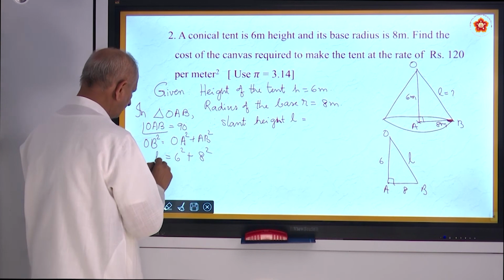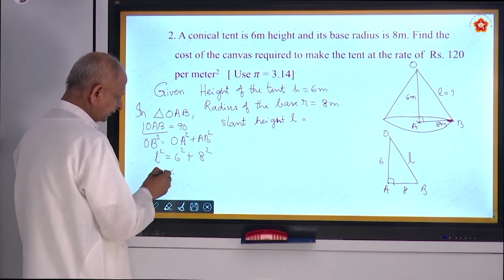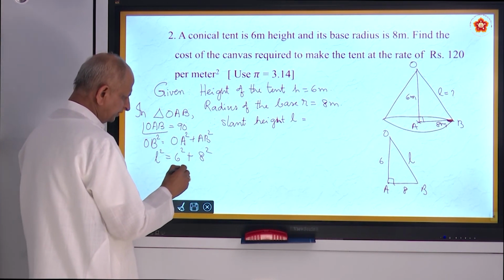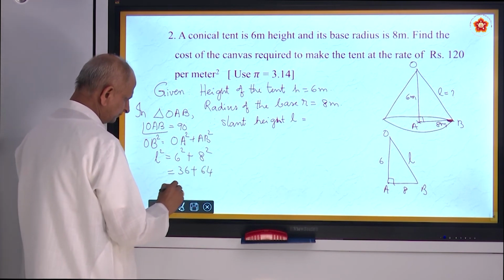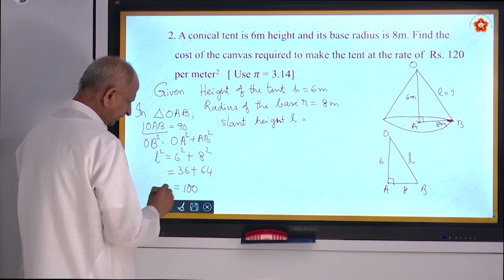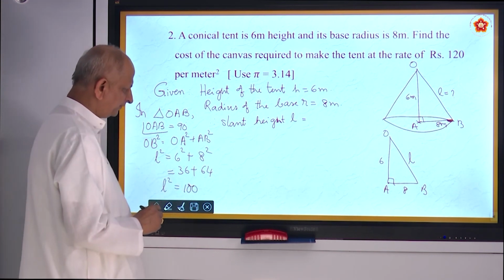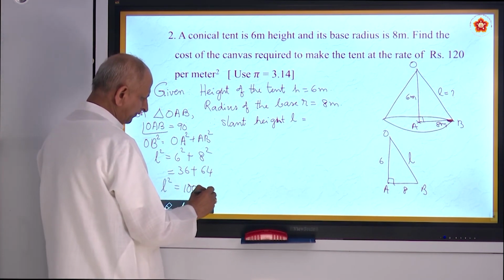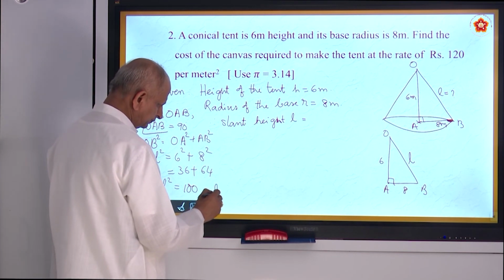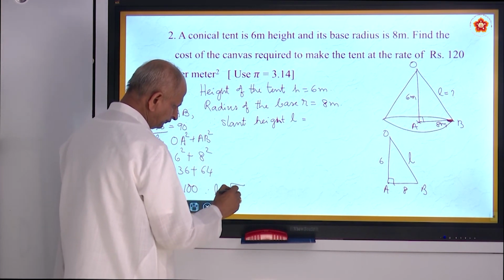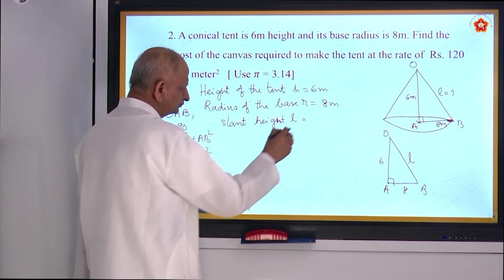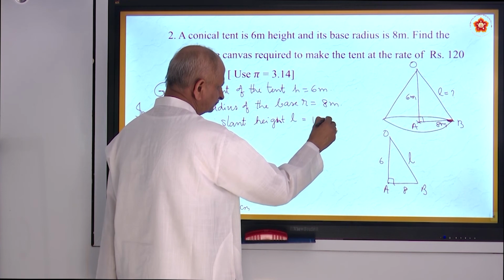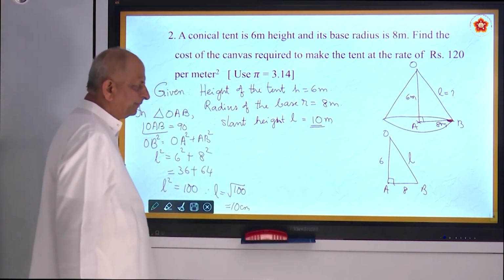You have to find out OB, L. That is 36 plus 64, 100. L square is 100. Therefore, L becomes square root of 100, that is 10 meters. So, slant height becomes 10 meters.